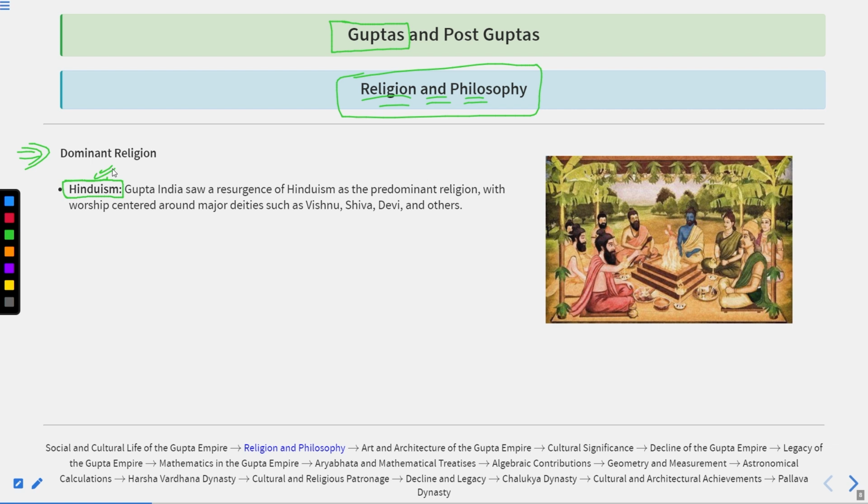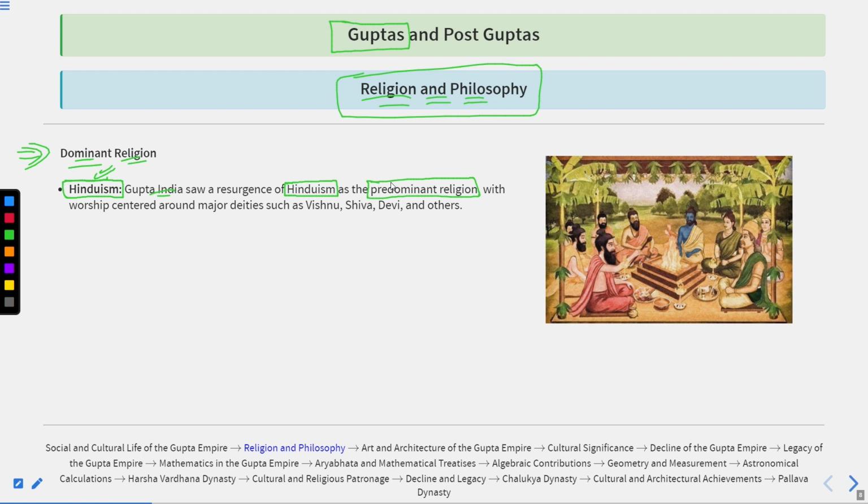But when the Guptas were there, all these sacrifices and rituals got revived in a proper sense. Because of this long range of the dynasty and finally the powerful royal patronage given by the Gupta dynasty, the dominant religion during that time was Hinduism. So Gupta India saw a resurgence of Hinduism as the predominant religion.